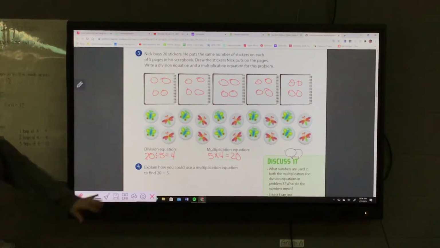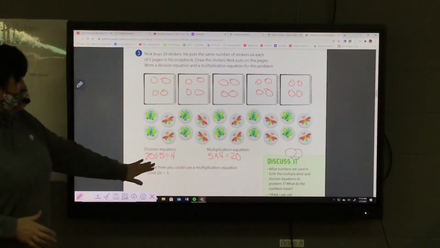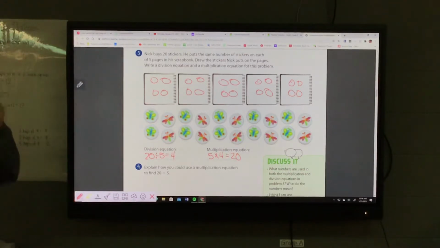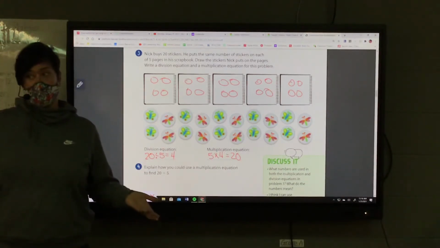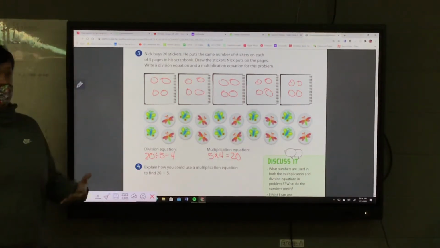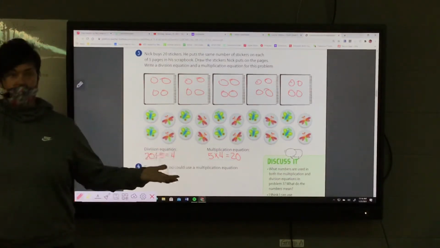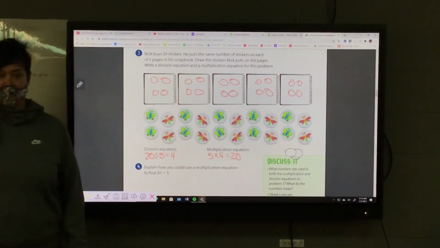All right. Let's say that you have to explain how you could use a multiplication equation to find 20 divided by 5. How could you use a multiplication equation to help you figure out what the quotient is for 20 divided by 5?